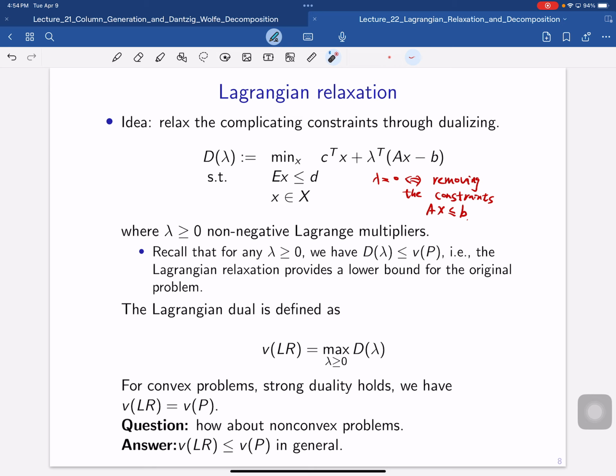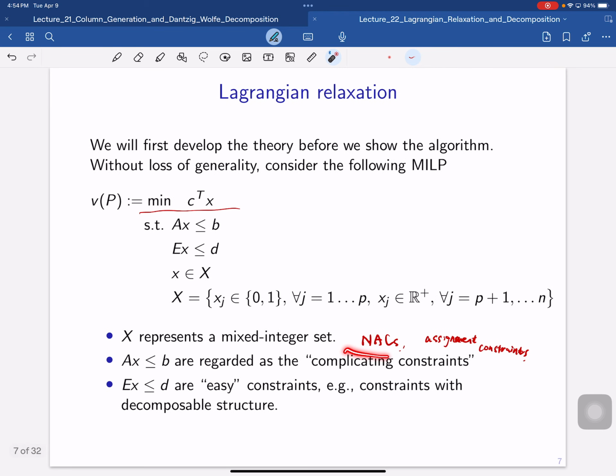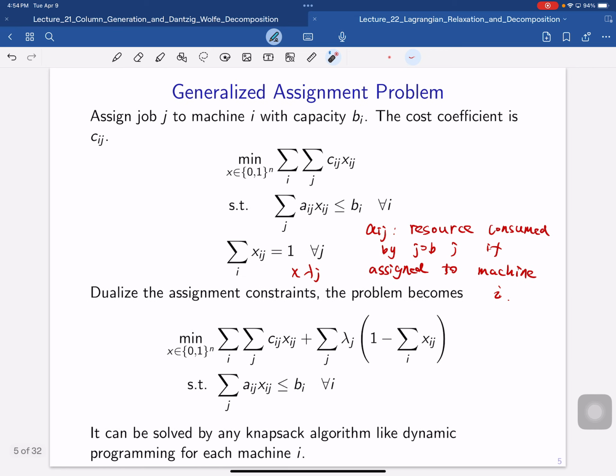If you look at the first two applications we talked about, the NACs are equality constraints, and this assignment constraint is also an equality constraint. So if you dualize, for example, this equation here, you can just assume the lambda is a real number.